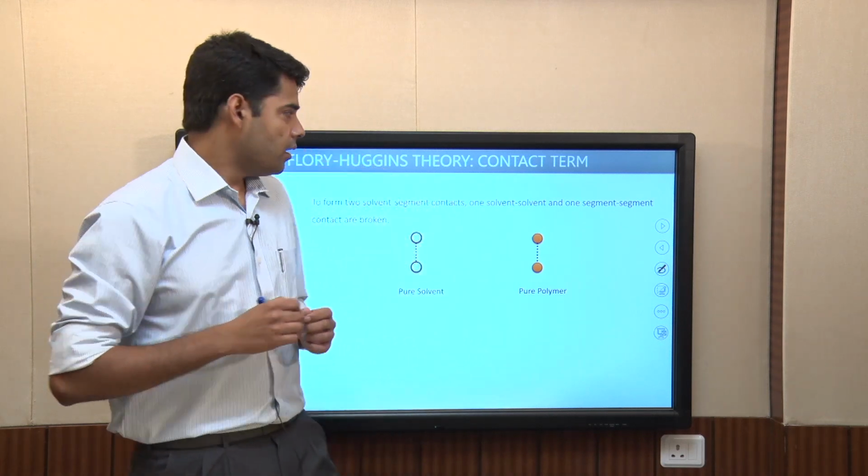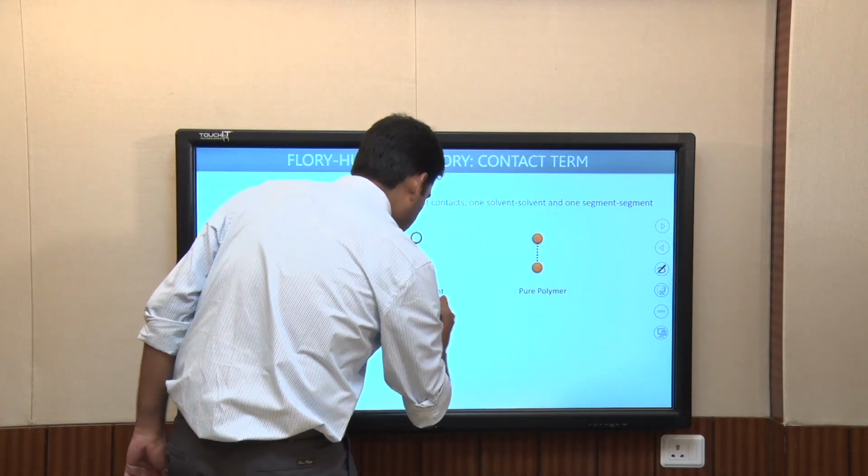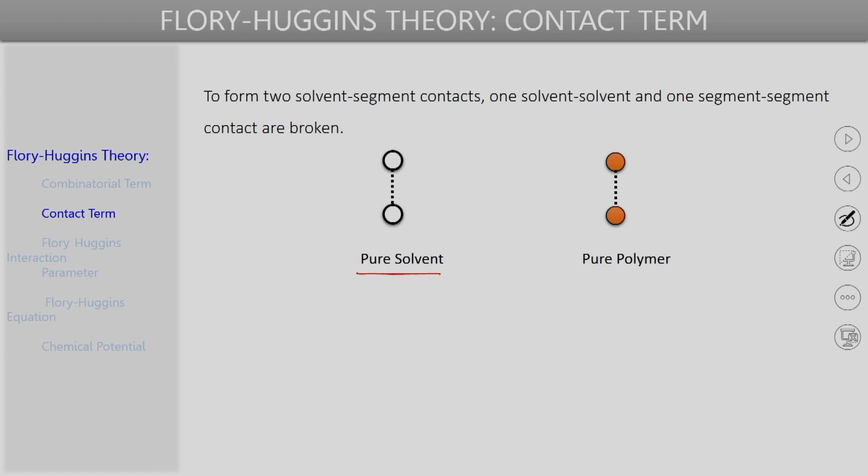So, if we consider, let us say, a pure solvent and focus on two solvent molecules, and if we consider again a pure polymer here and the contact interaction between two polymer segments, represented by these orange circles here.